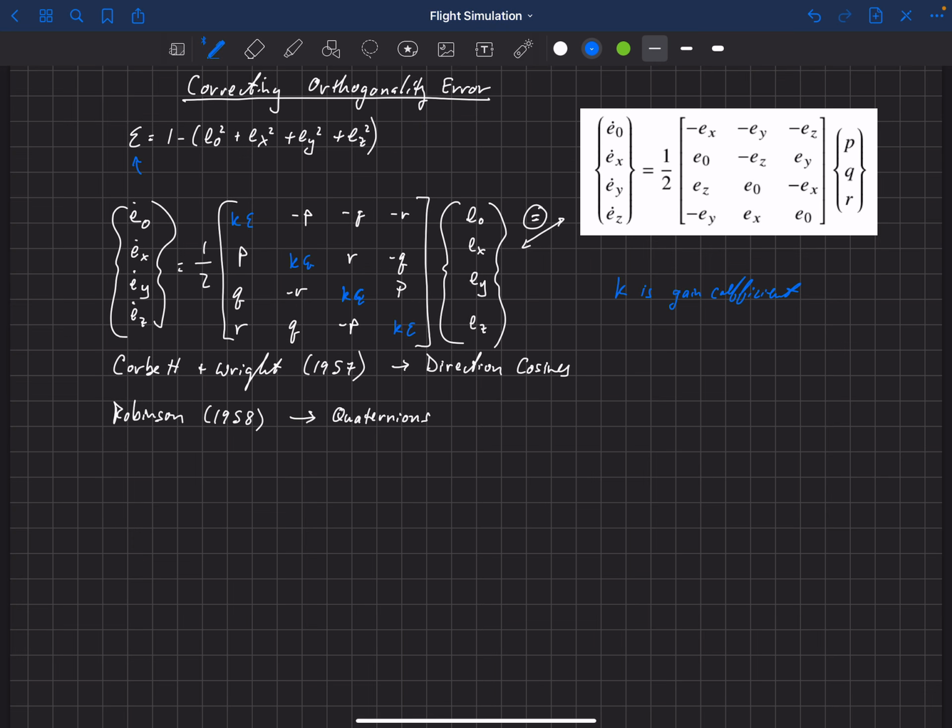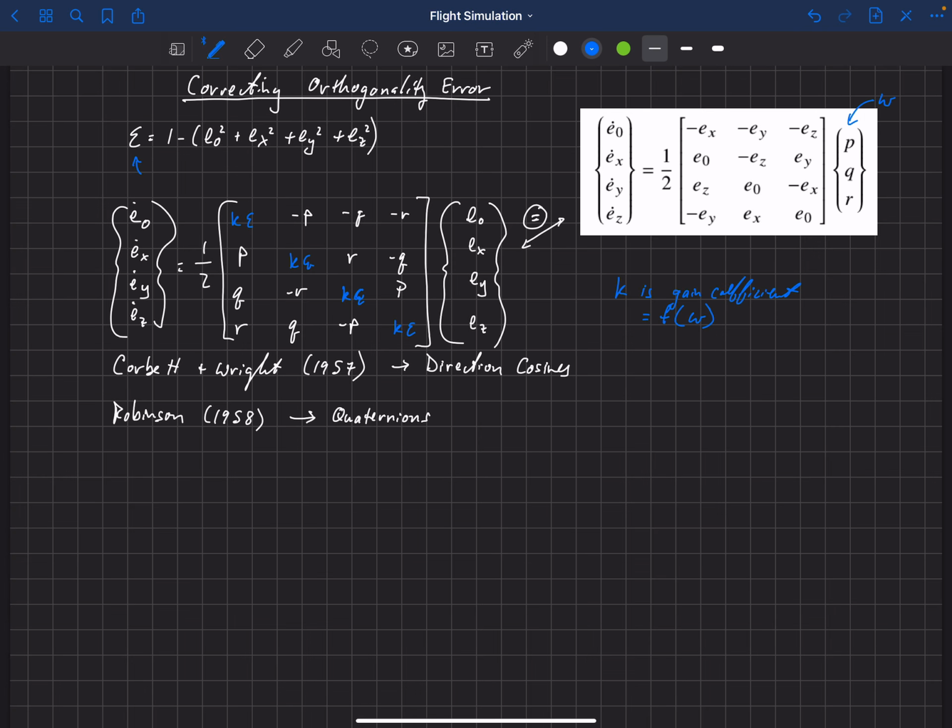But that gain coefficient actually needs to be a function of omega. Omega is your P, Q, and R rates, right? So right here, this is omega.